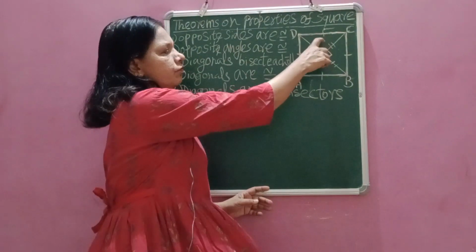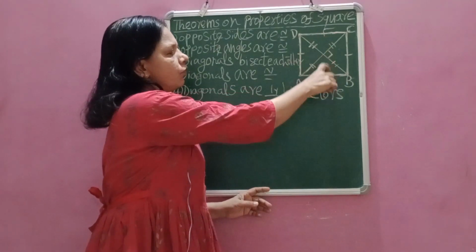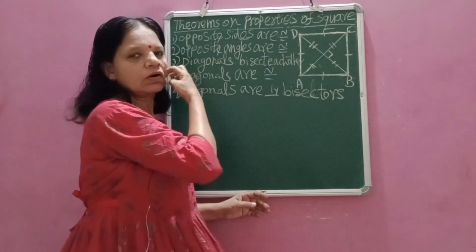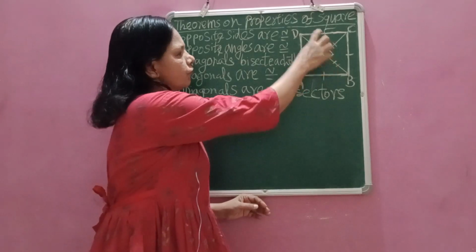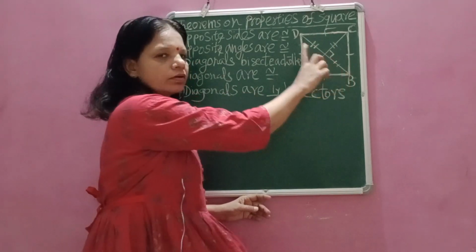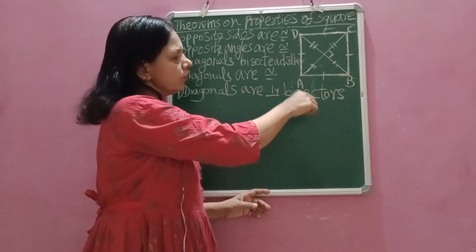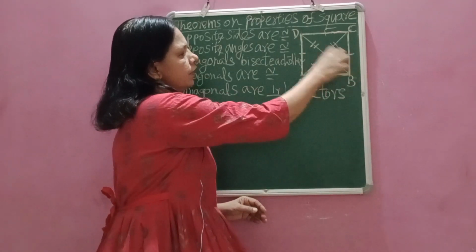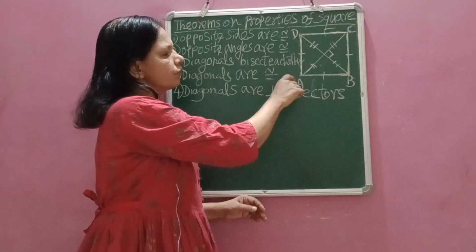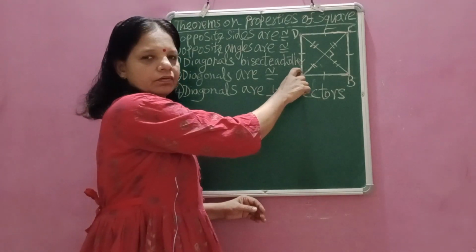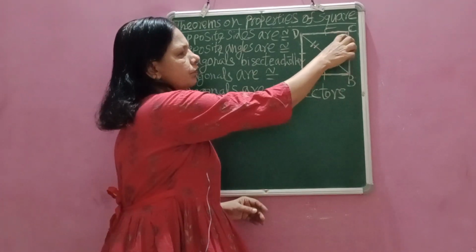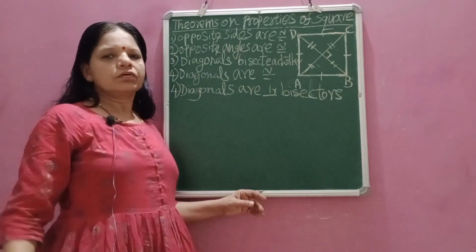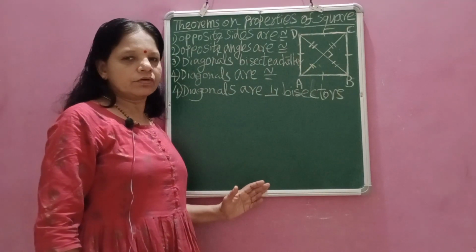All the four triangles are congruent and therefore corresponding sides are congruent, all the sides are congruent. Similarly, you can prove ABD congruent to CBD, therefore angle A congruent to angle C. So all the angles are also congruent, you will get.